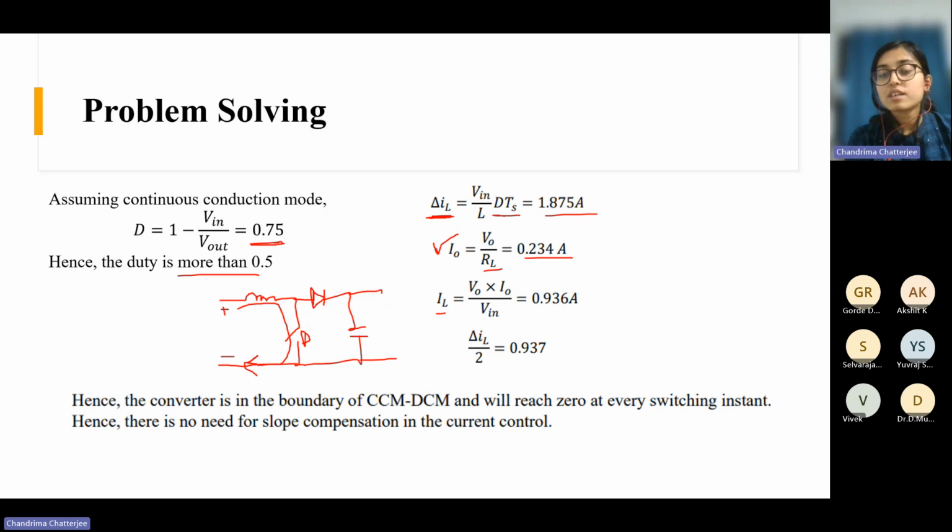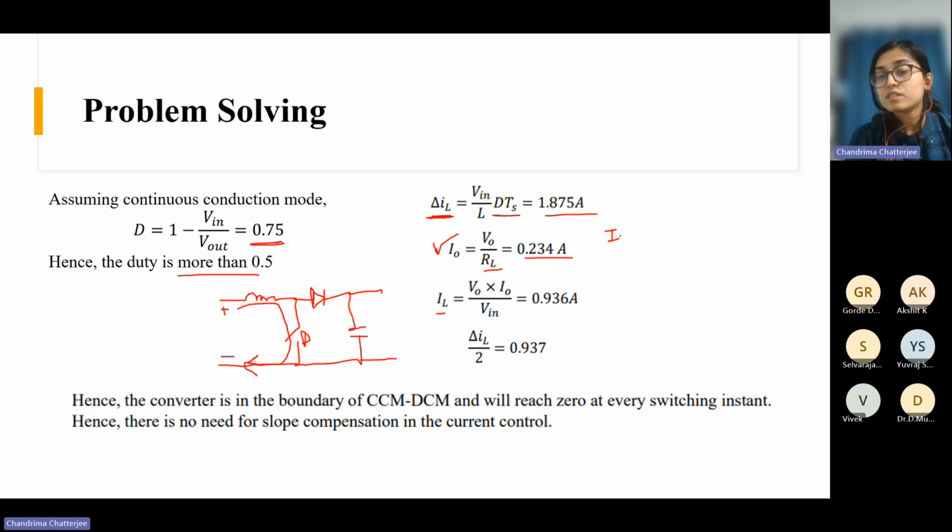So inductor current average, you can find it out from power balance. So they have told to assume a lossless circuit. So your V in I L will be V naught I naught, right? For power balance, assuming there is no loss. And you can also find it out by this.